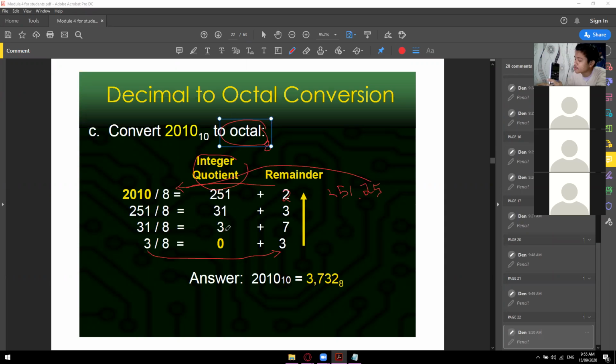So 3 is the integer quotient and then 0.875 times 8, you will get 7. Or you can do it manually. Basically 8, 16, 24. It can't be 32 because it only goes up to 31. So you get 24. So 31 minus 24 is 7. So that is the remainder.